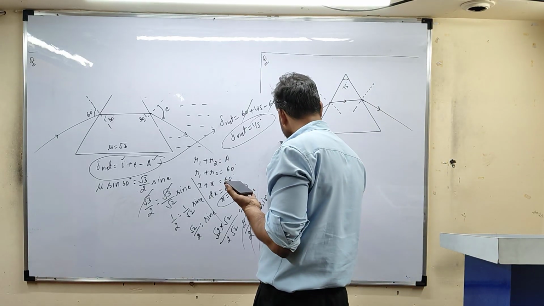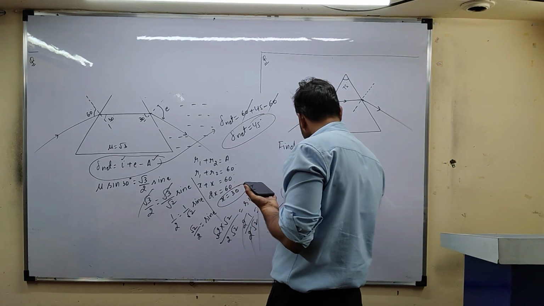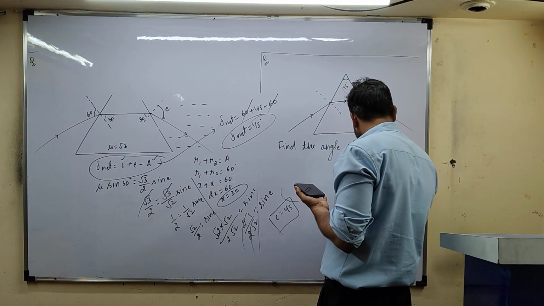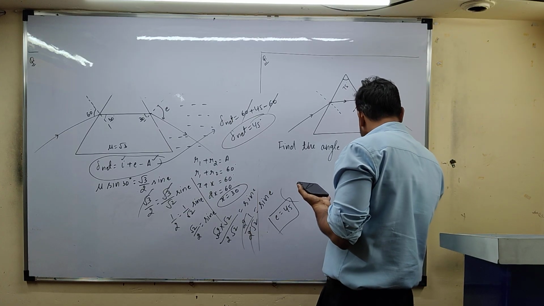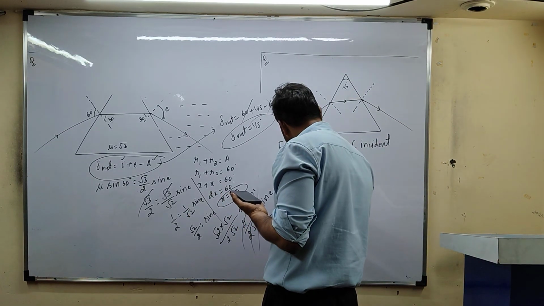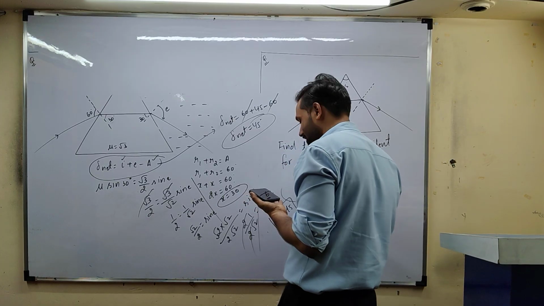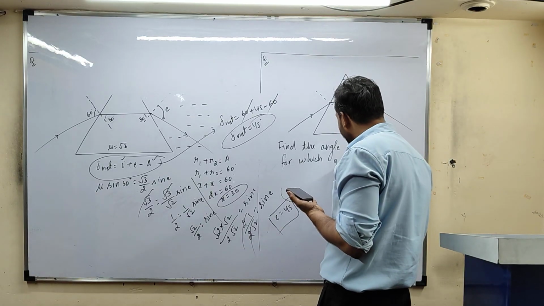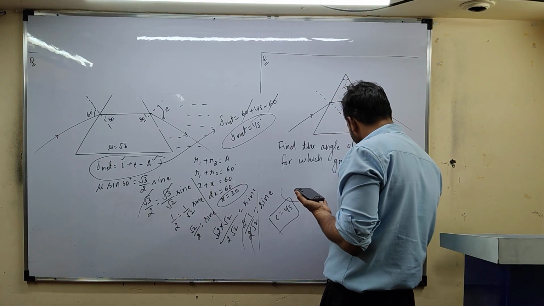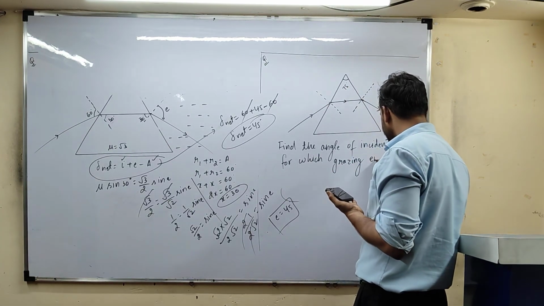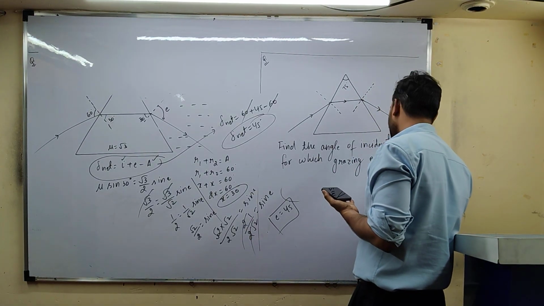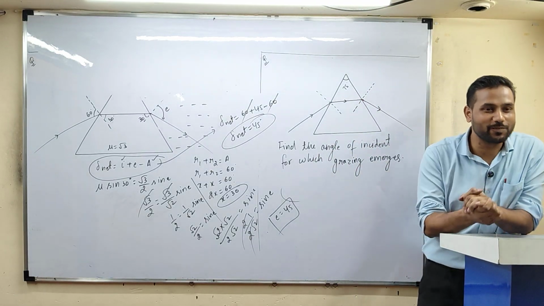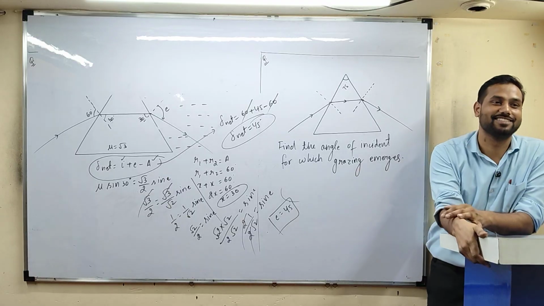Question is find the angle of incident for which, I'm telling you, you will cherish this question, in which, for which grazing emerges. Wow, what a beautiful question. That changes the scenario. Grazing.